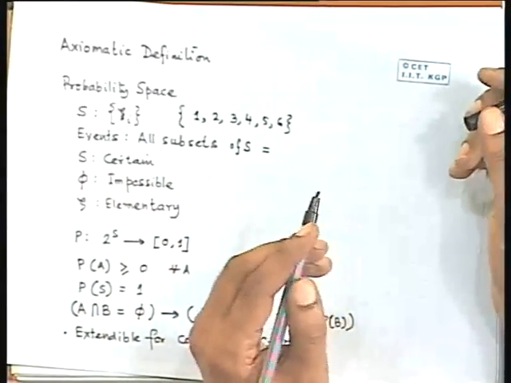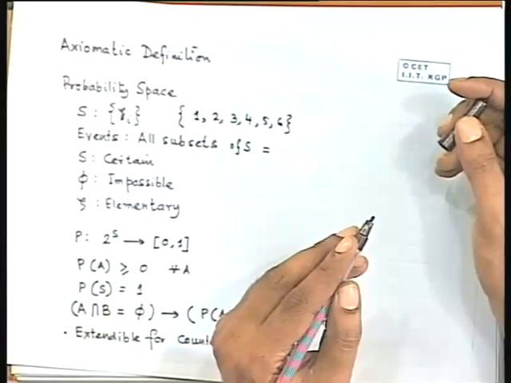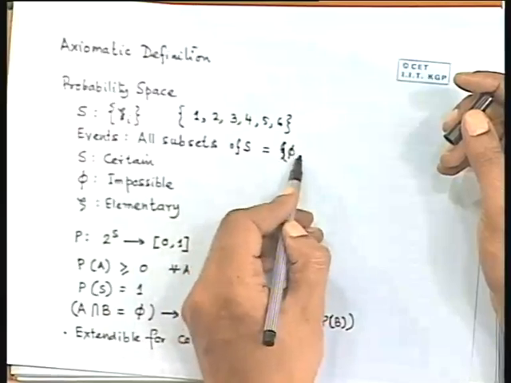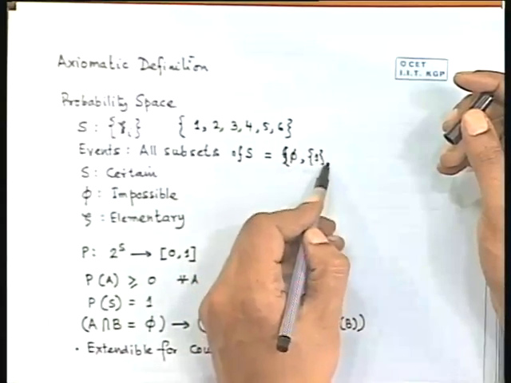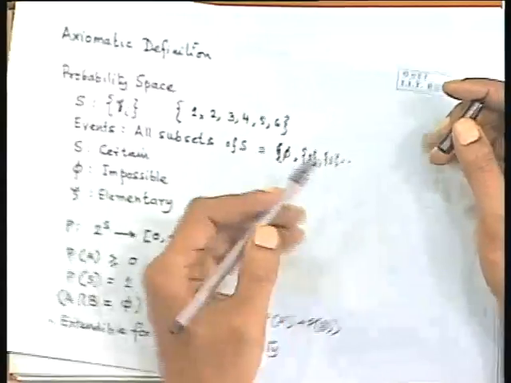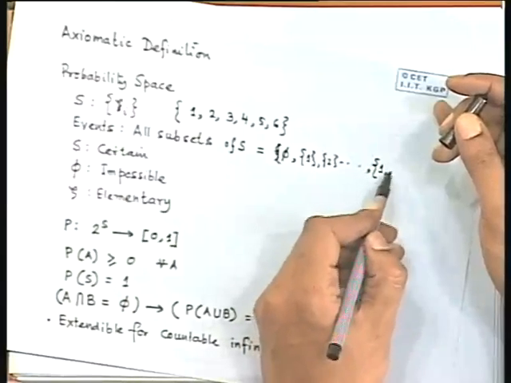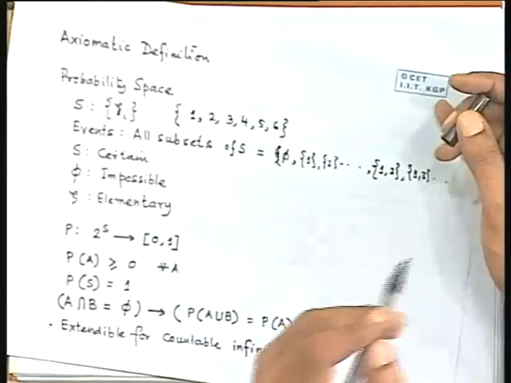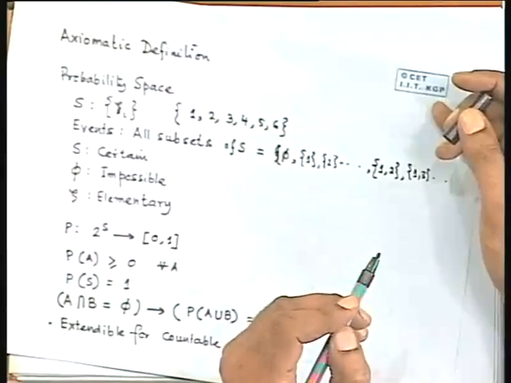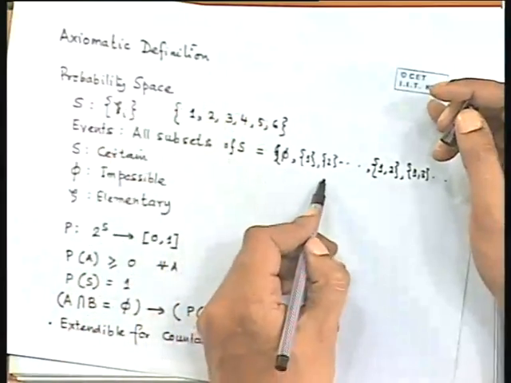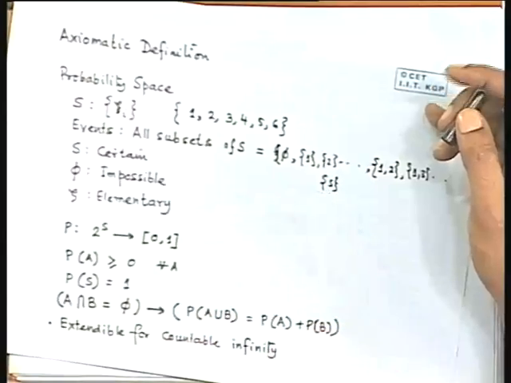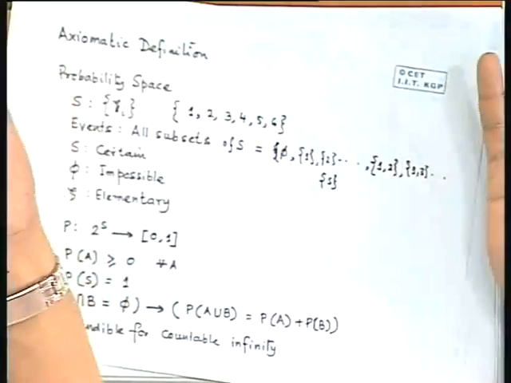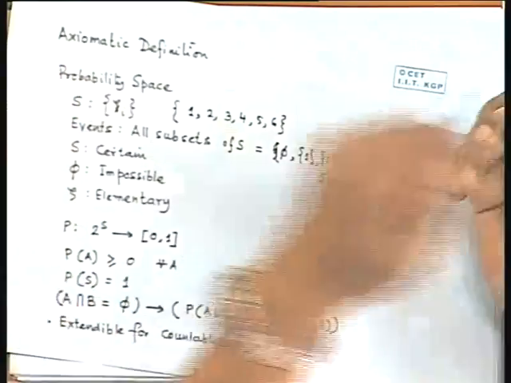What do you mean by all subsets of S? You get the null set, then you have {1}, {2} and so on, then {1, 2}, {2, 3}, {1, 3}, and then {1, 2, 3}, all subsets of S, including S itself. All of them are possible events, right?